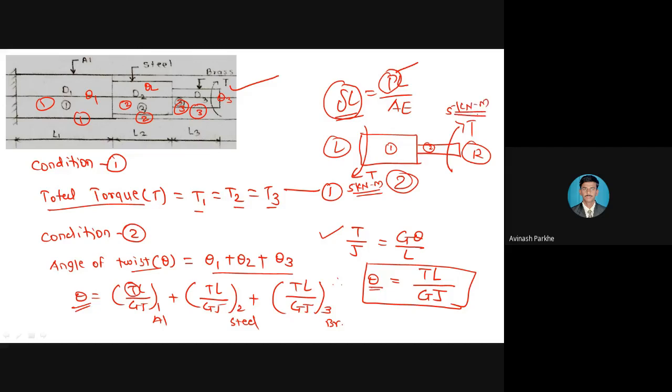So equal in magnitude but opposite in nature. The left side torque is moving in the anti-clockwise direction and the right side torque is moving in the clockwise direction. Then and only then will your shaft be under torsion, and then we can calculate the shear stresses induced in the shaft and the total angle of twist.